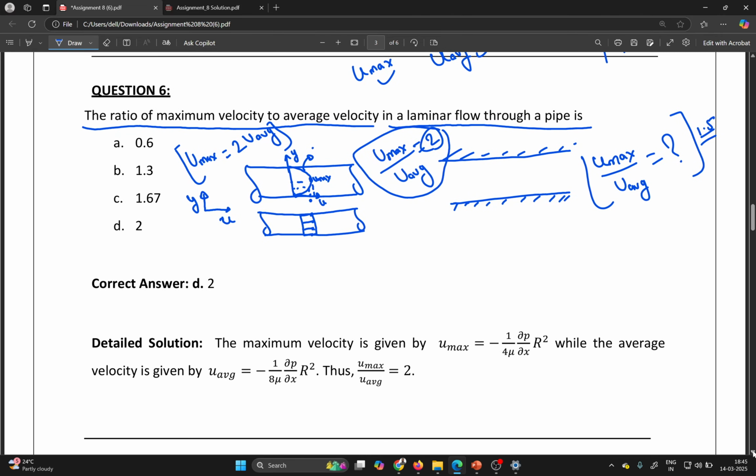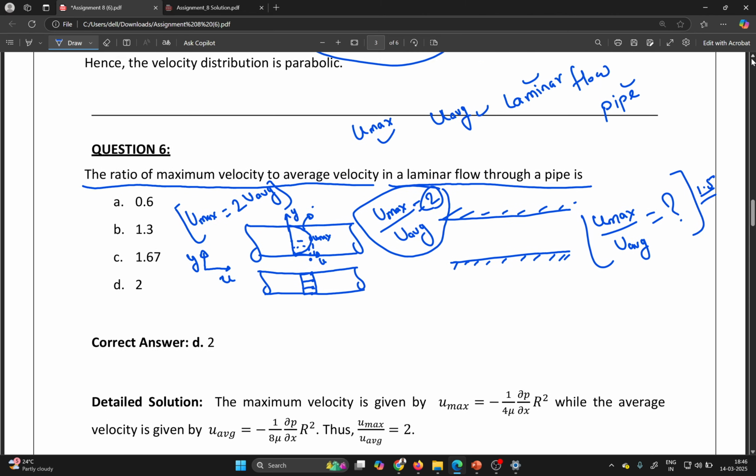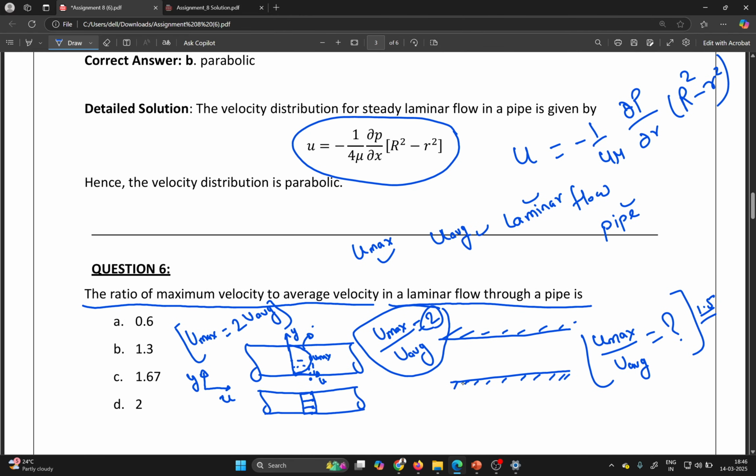The next question. So here you can see U max value and U average value. What was the above formula? If you see this formula, U is equal to the velocity variation, 1 by 4 mu del P by del X, capital R square minus small r square.